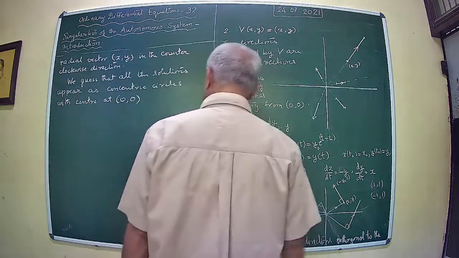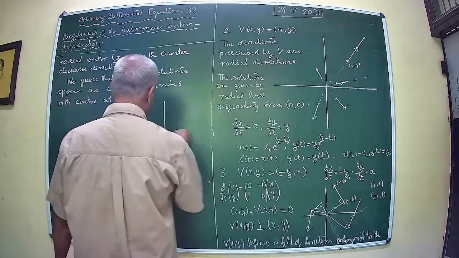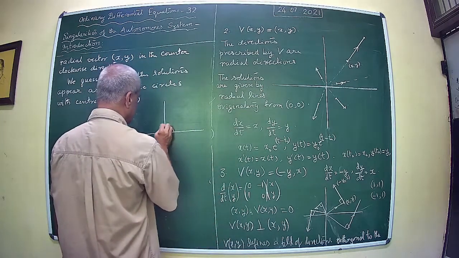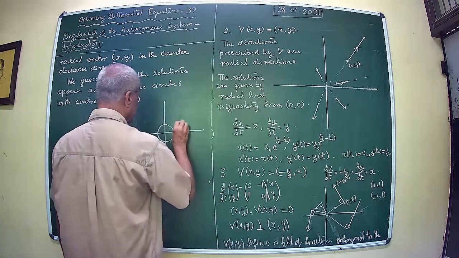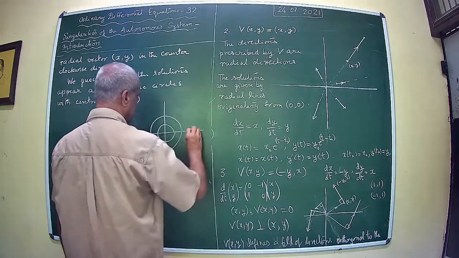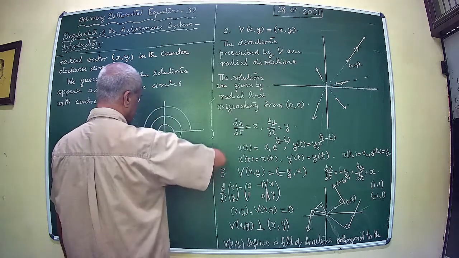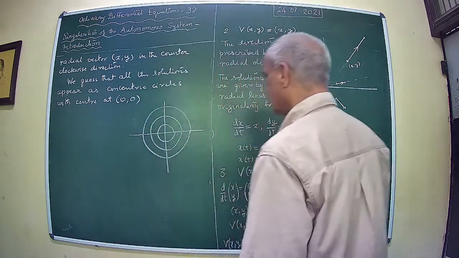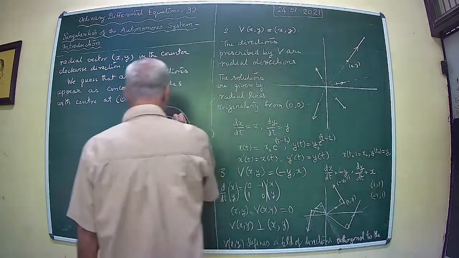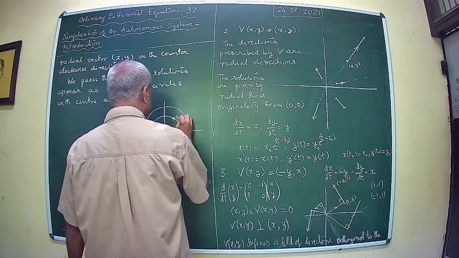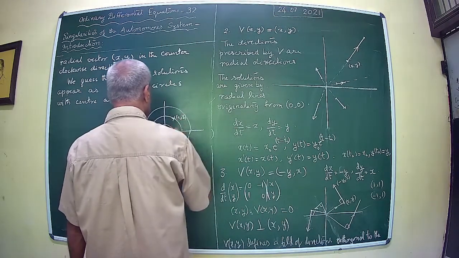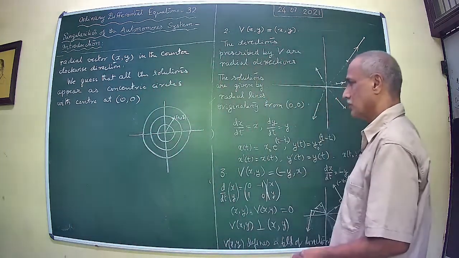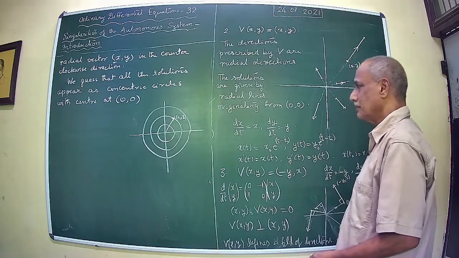So if you make a plot of the solutions, they are going to be these paths, concentric circles. Okay. So if you take a specific point (x naught, y naught), then it's a circle with radius square root of x naught square plus y naught square.